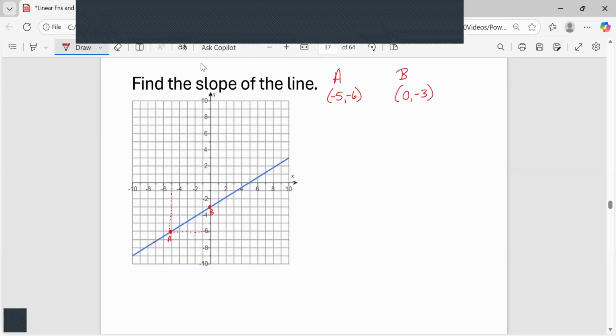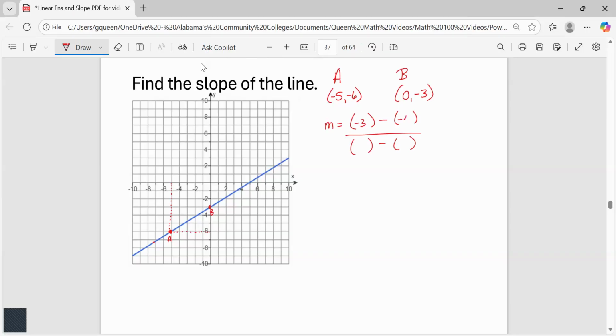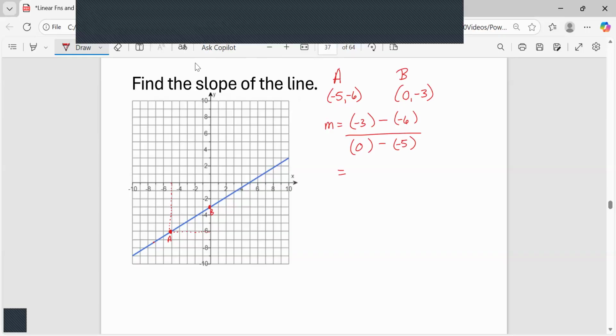So I can find two ordered pairs and we can go back and do exactly what we were just doing. y minus y over x minus x. y2 is -3, y1 is -6, x2 is 0, x1 is -5. So this would give me -3 plus 6.